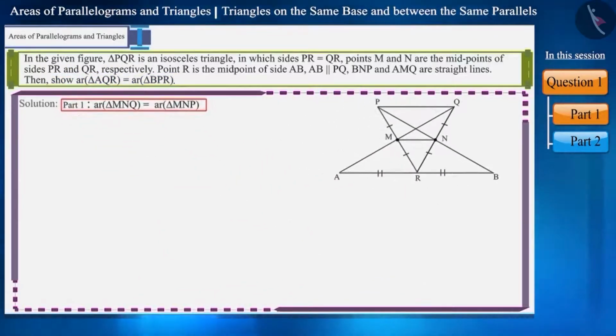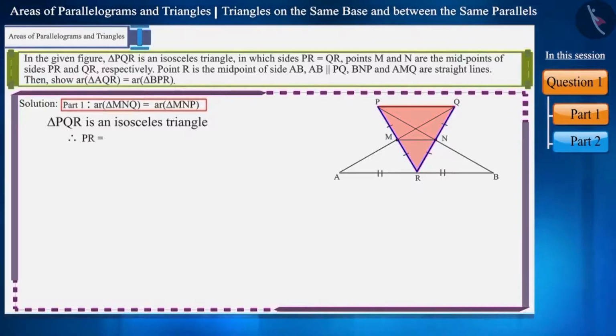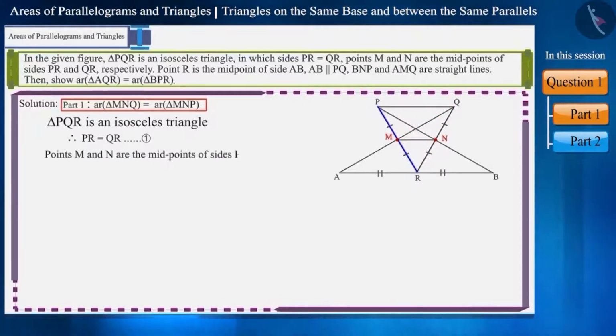Friends, it's given to us that triangle PQR is an isosceles triangle in which side PR is equal to side QR. It's also given that points M and N are the midpoints of the sides PR and QR respectively.